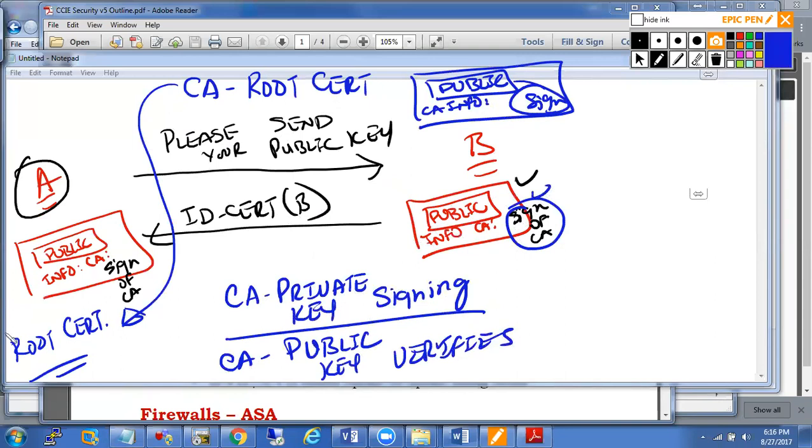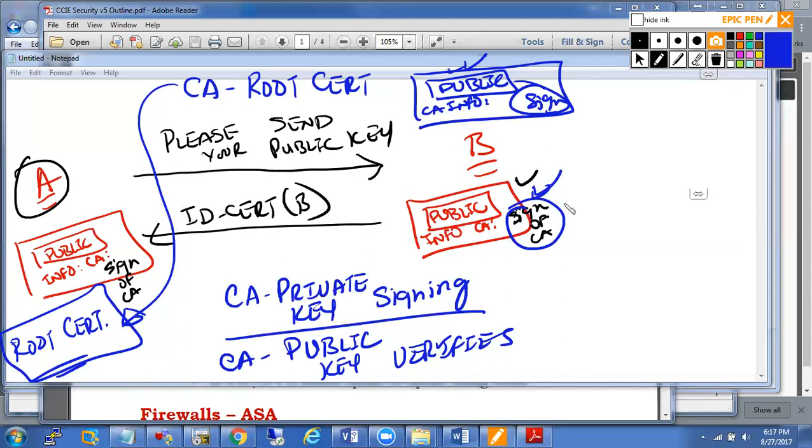What this root certificate contains is the public key for the CA server. So using the public key of the CA server, I am going to verify the signature. Yes, this is the signature for this root certificate, which I trust. And if this is matching, that means B is the right guy.